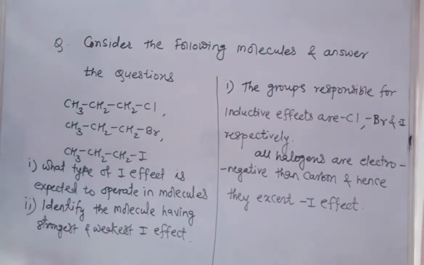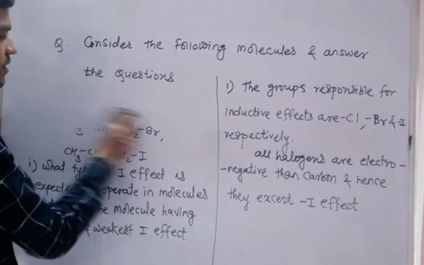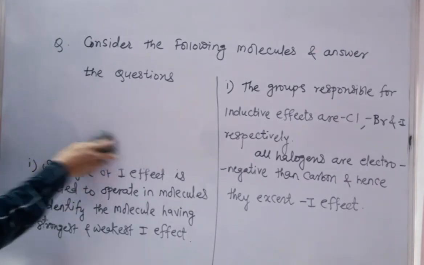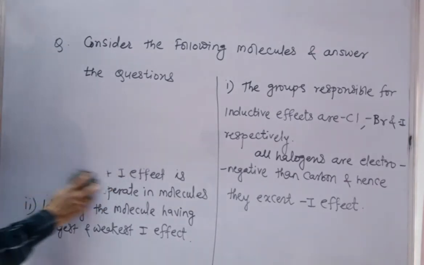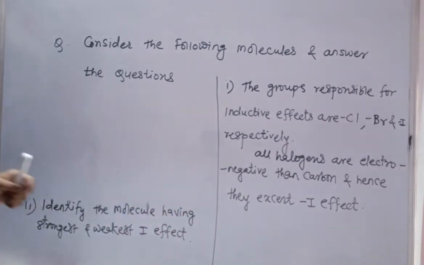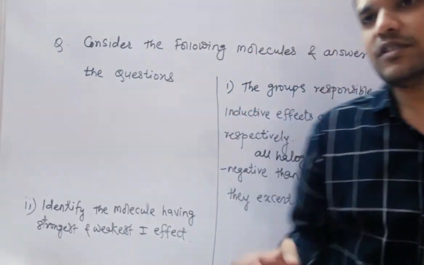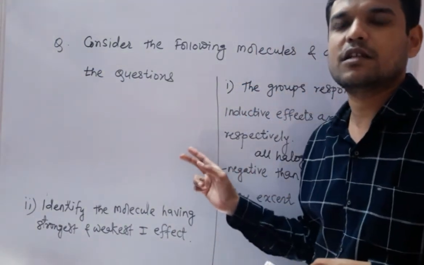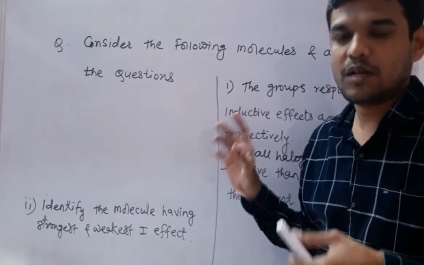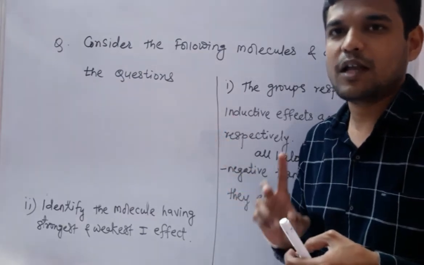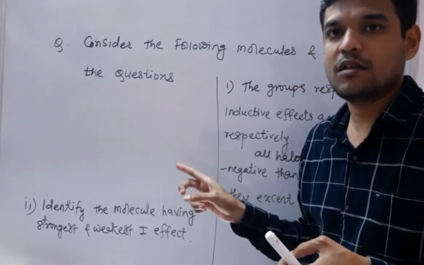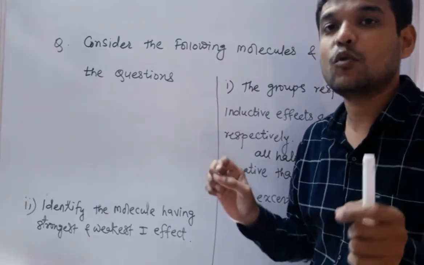Now what is the answer of the second question, friends? Out of these three, you know that we have seen the electronegativity concept in the modern periodic table. What is electronegativity? It is the ability to attract the shared pair of electrons towards it. If you see these three molecules CH3CH2CH2Cl, CH3CH2CH2Br, CH3CH2CH2I, each molecule contains one halogen, and if we compare these three halogens, chlorine has more electronegativity.